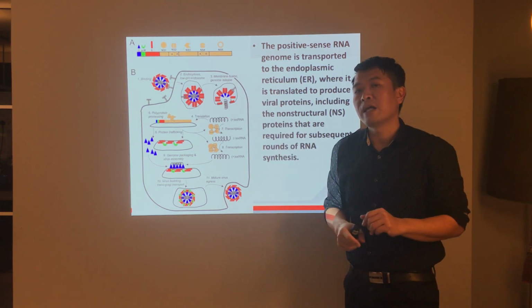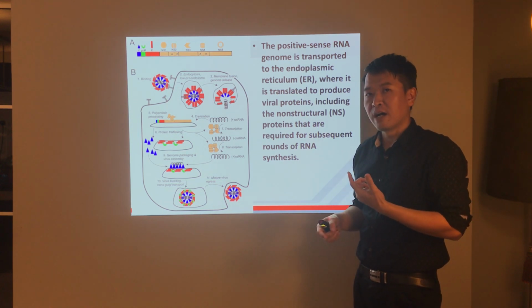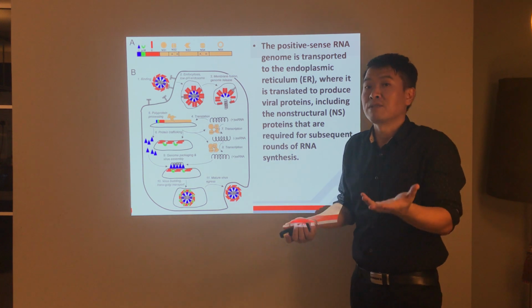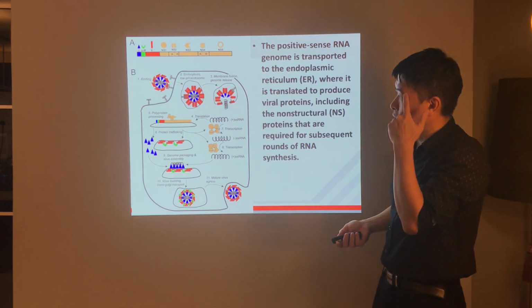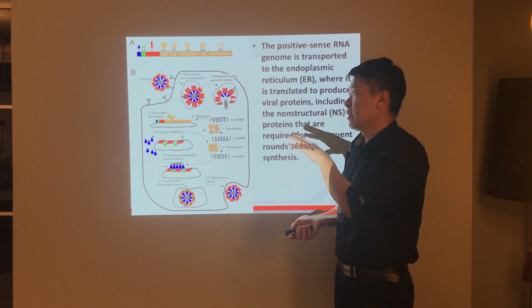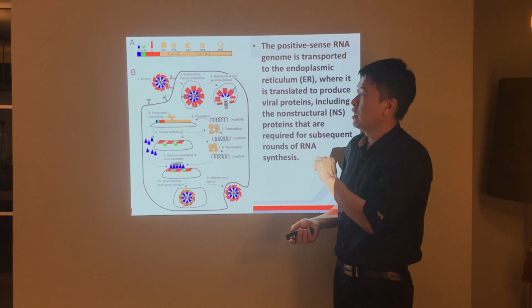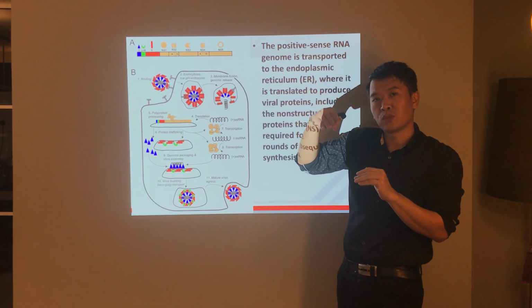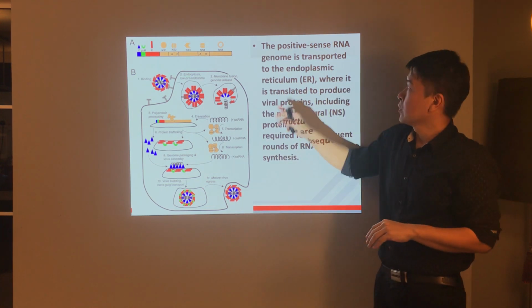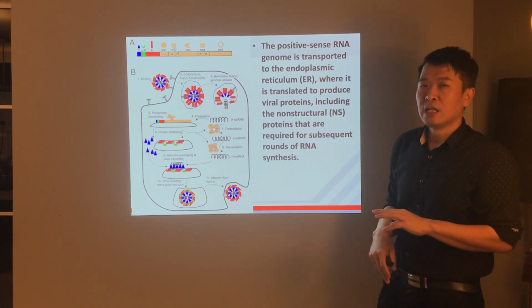And because the RNA of dengue virus is positive-strand RNA, like poliovirus, it is also a functional mRNA. So what happens to this positive-strand RNA, the dengue virus RNA? It migrates, travels all the way to the ER, the endoplasmic reticulum.